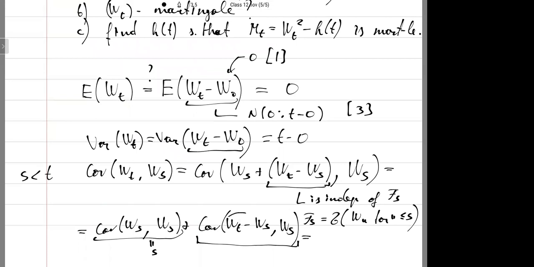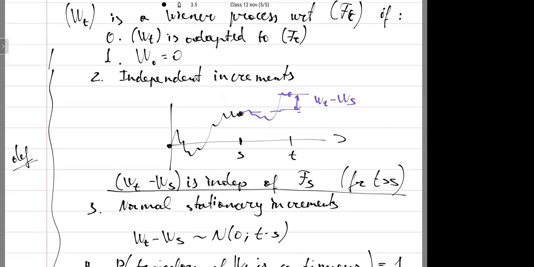I know that the future increment of W is independent of all information of WS, of all previous values of W. So what this assumption says, once again, is that the future increment is independent of all that I know up to time S. Any combinations of what I know are independent from the future increment.